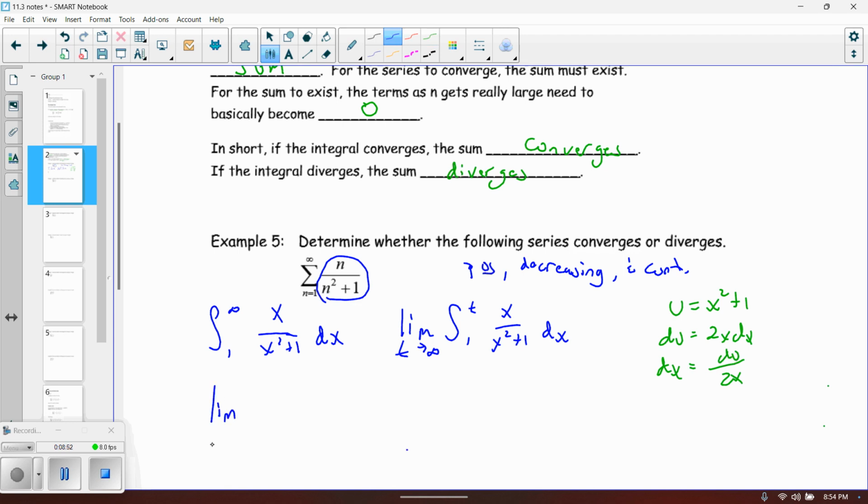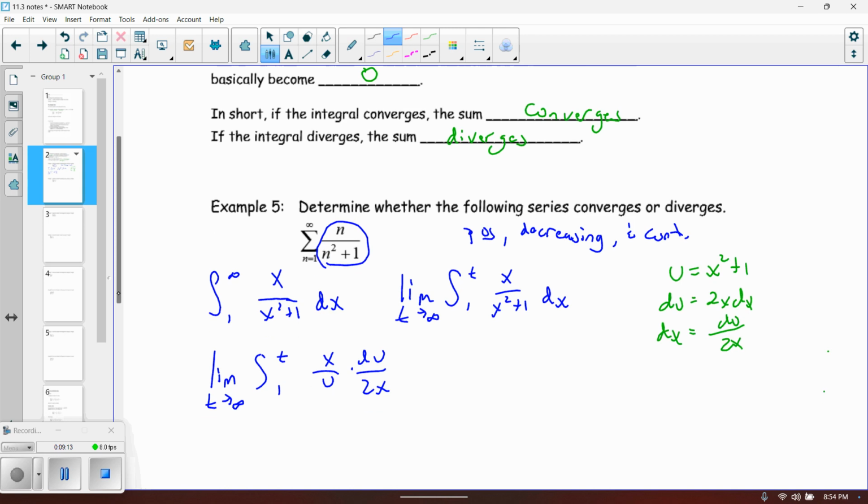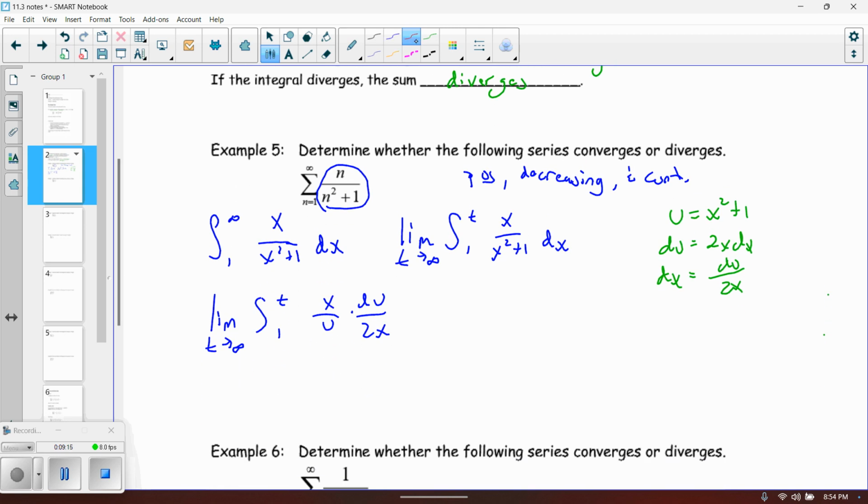The limit as t goes to infinity, integral from 1 to t of x over u times du over 2x. Technically, my bounds are incorrect. I should probably not have written those bounds on there, but we're going to change them real fast because that is going to get rid of that.